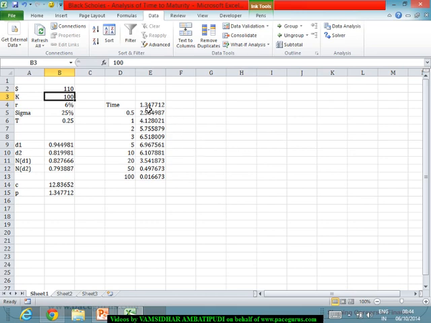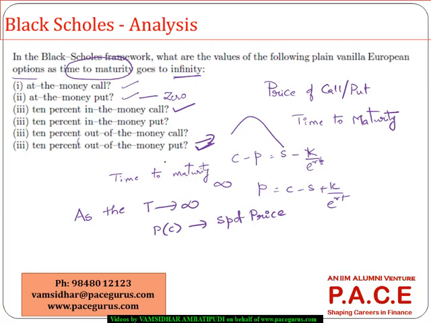Whereas when I look at 10% in the money call, even in that case, as the time to maturity goes to infinite, it is approaching the spot price. So in the money call, the approach is with the spot price as the time to maturity goes to infinite.